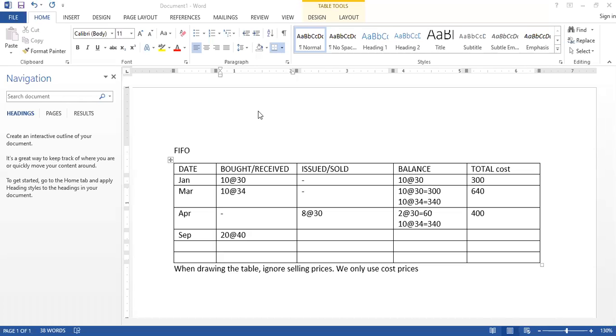We bought 20 items at the price of 40. We did not issue out anything, so it's zero. And then we move on to our balance.